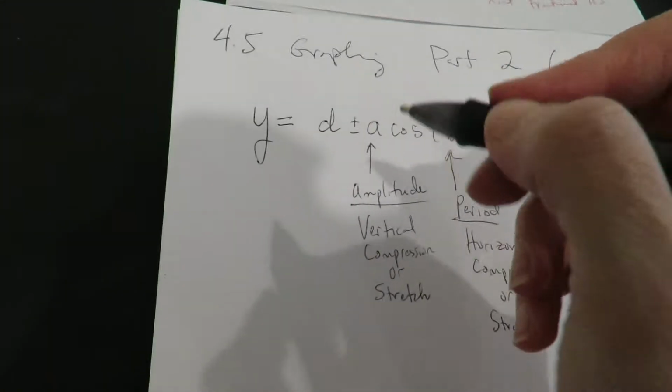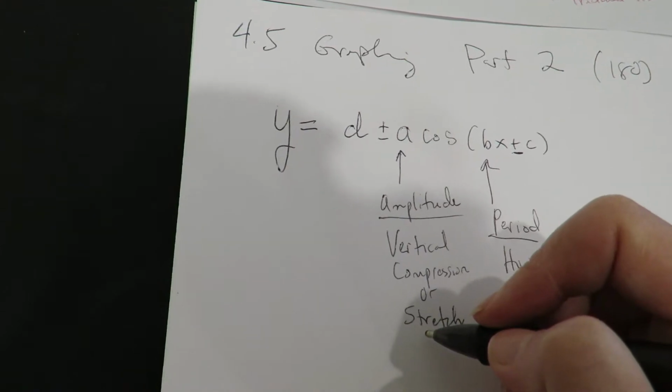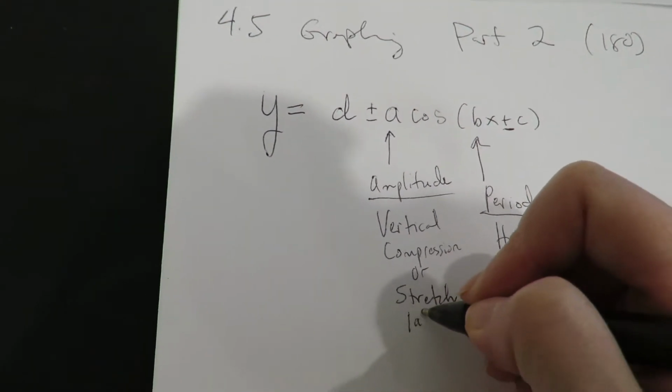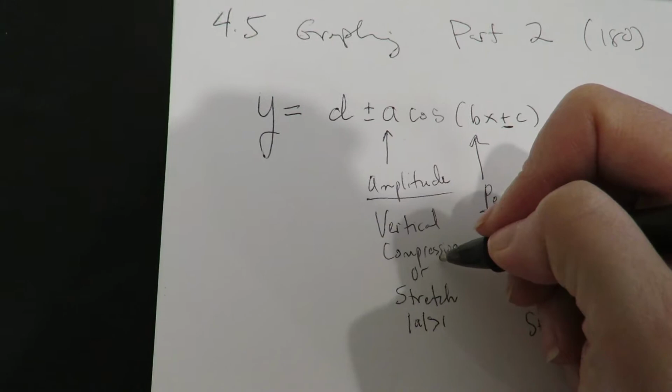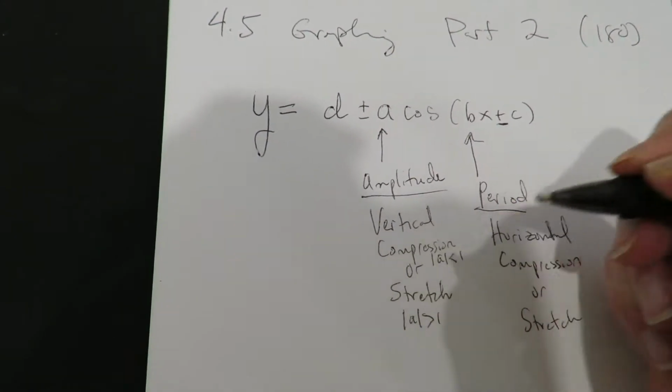And let me just add a little more detail here. You're stretching this if the absolute value of A is greater than 1. You're compressing this if the absolute value of A is less than 1.